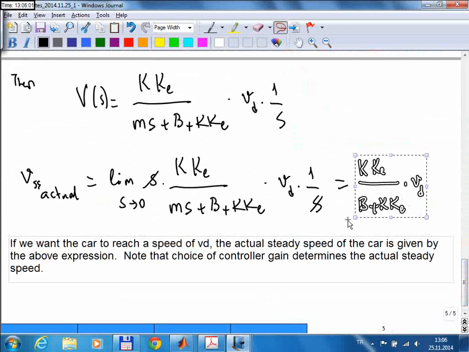And as you see, the actual speed depends on the controller parameter. If you put 0 here, for example, then your actual speed will be 0, which is very reasonable. That means you're not applying any input at all. The car will just sit there. Or if you put a different number, then your actual speed will be given by this equation.